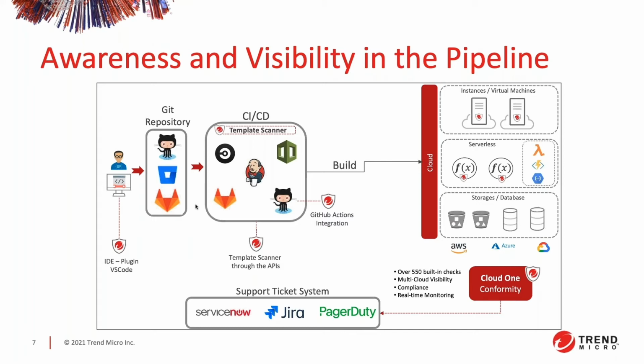Because those are regular mistakes that are happening in the market today, right? In many organizations, and it will be very important for you to start adding some kind of security layers or security tools integrated in your pipelines to bring this awareness and visibility.